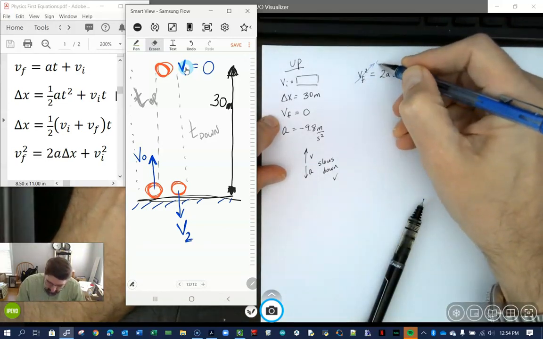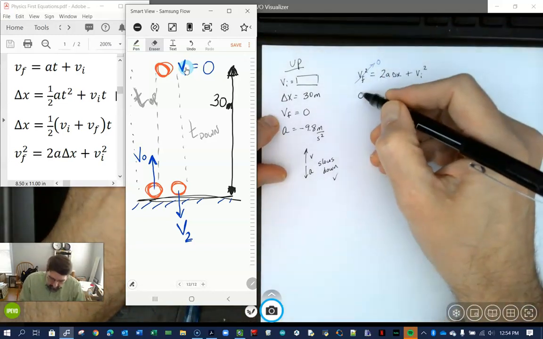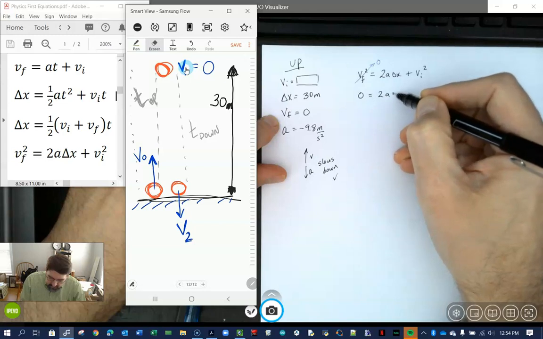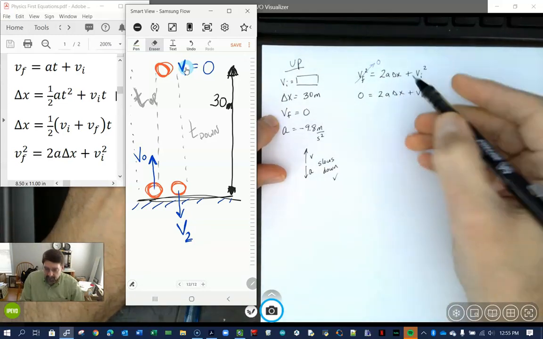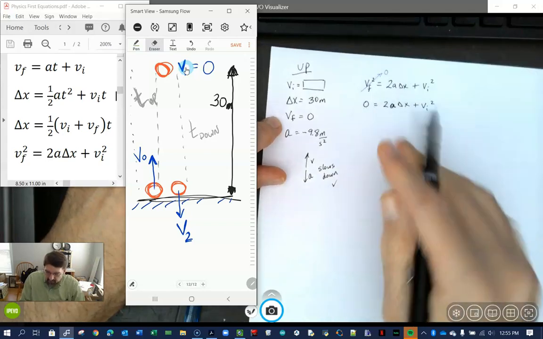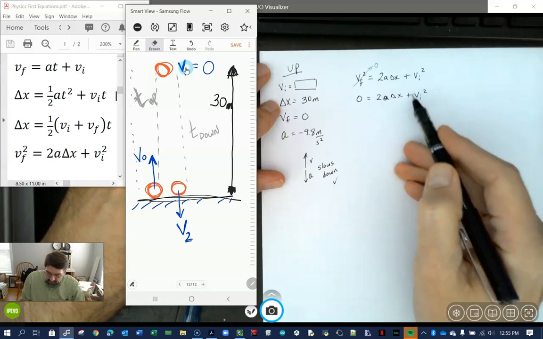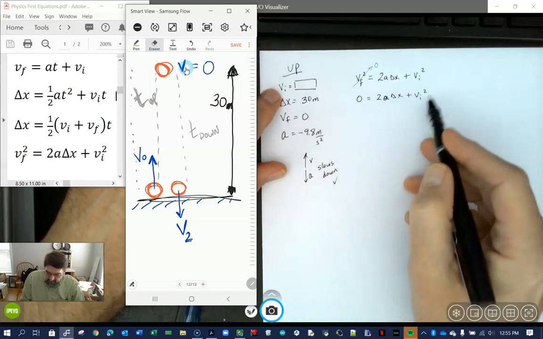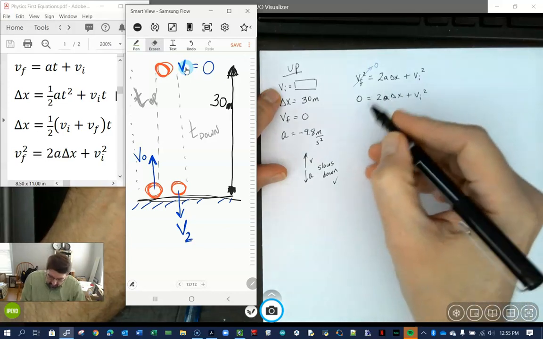So v final is 0. Let's go ahead and take care of that. So 0 is equal to 2a delta x plus vi squared. Now I'm going to continue to solve this with variables. I'm going to do my algebra with variables. I want to get vi, that's what we're looking for, by itself. So I need to subtract this whole thing over.